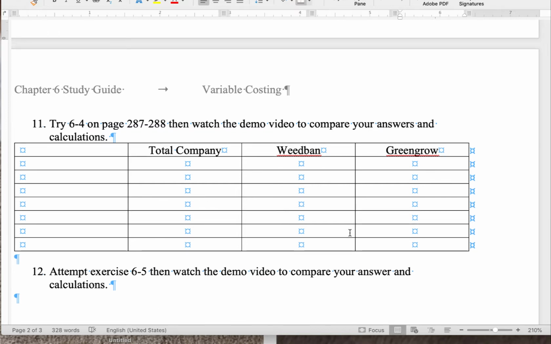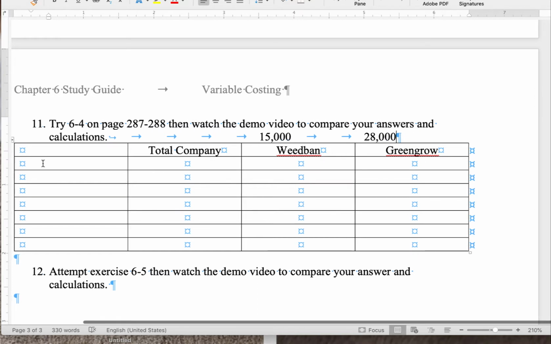They also give us the units sold. So in order for us to figure this out, we know that in Weed Ban, we're selling 15,000 units. I'm just going to plug that above it just so I have it handy. For Green Grow, we know we're going to sell 28,000.